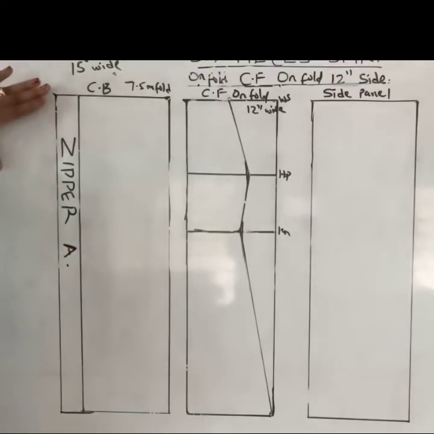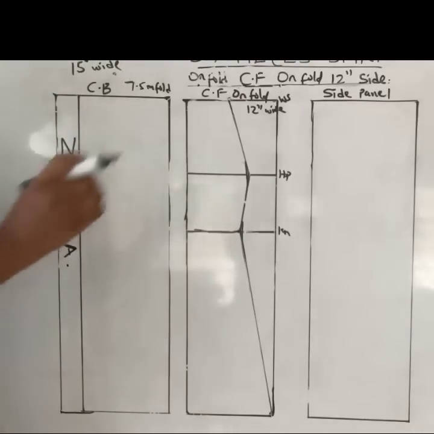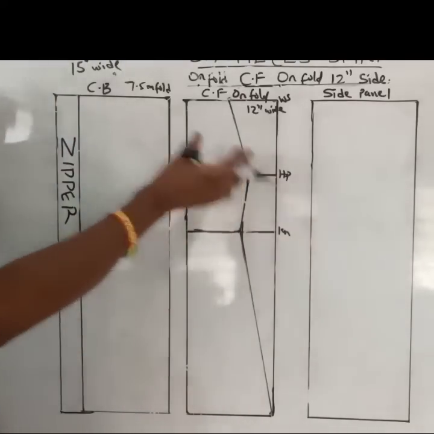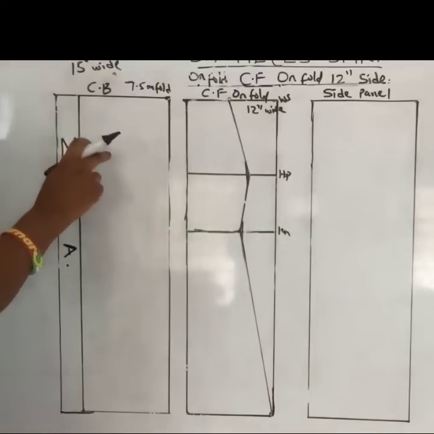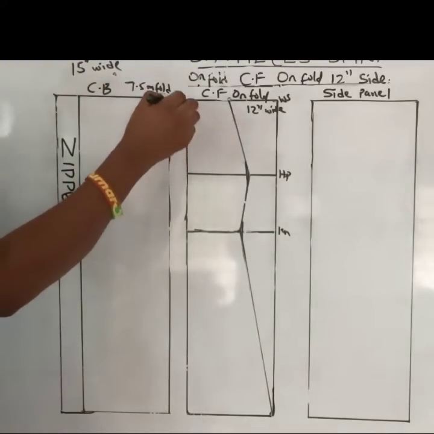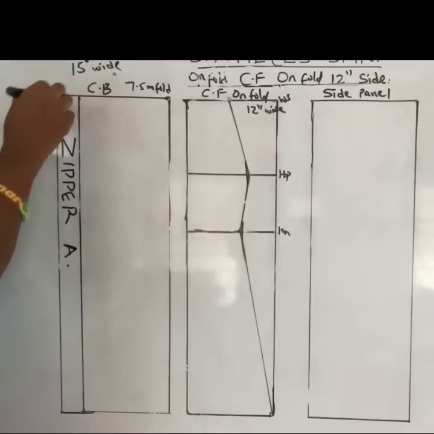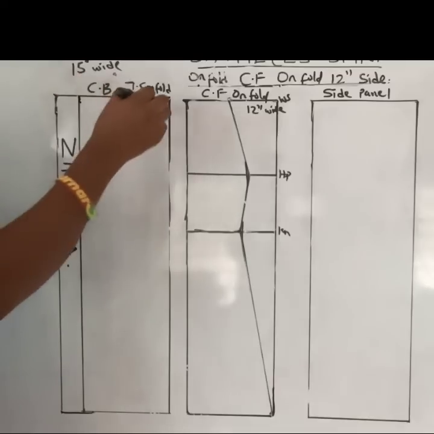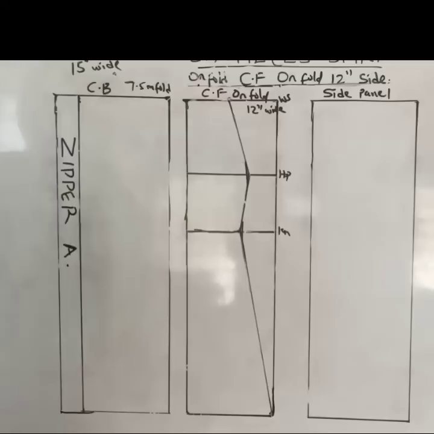So after you have gotten it like this, what you do is to simply take the center front and place it on top of this center back, making sure that this side is on this side. You will not start here, you place it here, and then you just simply trace it out and cut.